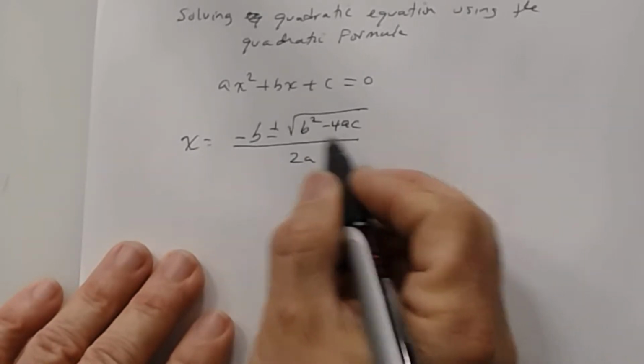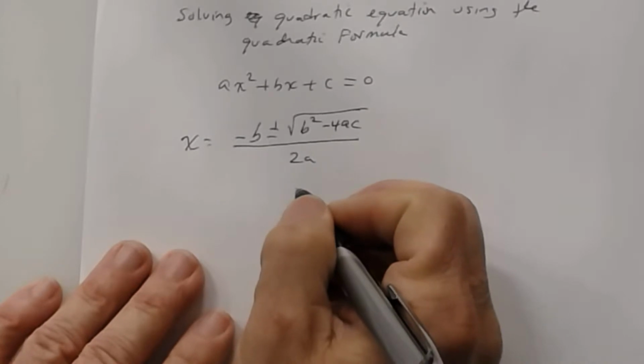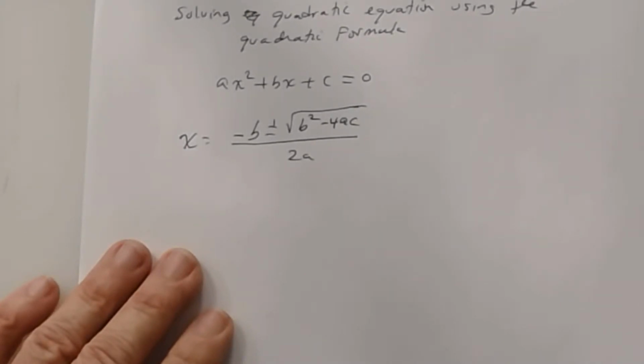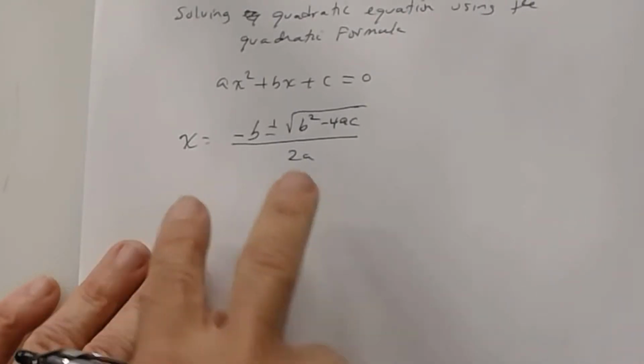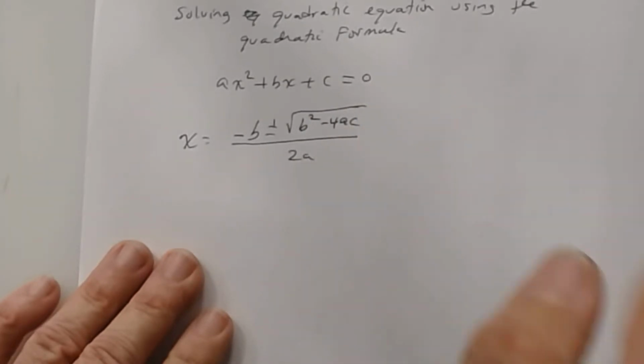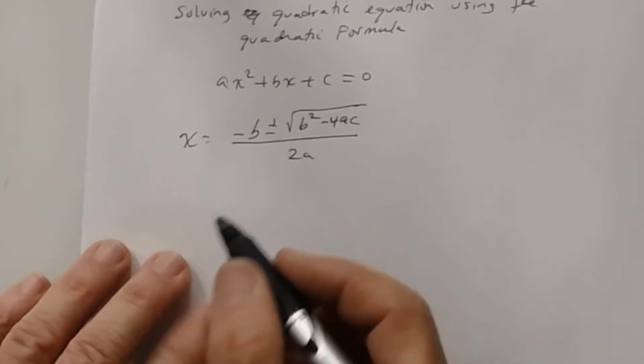Not part of it, all over. All right? That's your quadratic formula. Now, to be able to use it, you have to have this in general form. General form means you need what on the other side? 0.